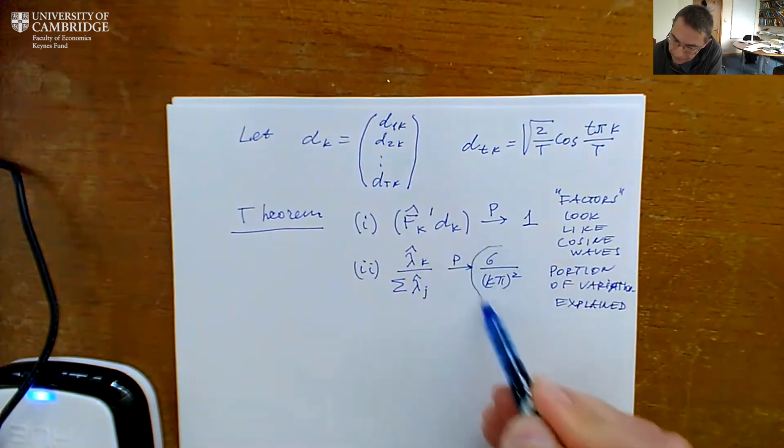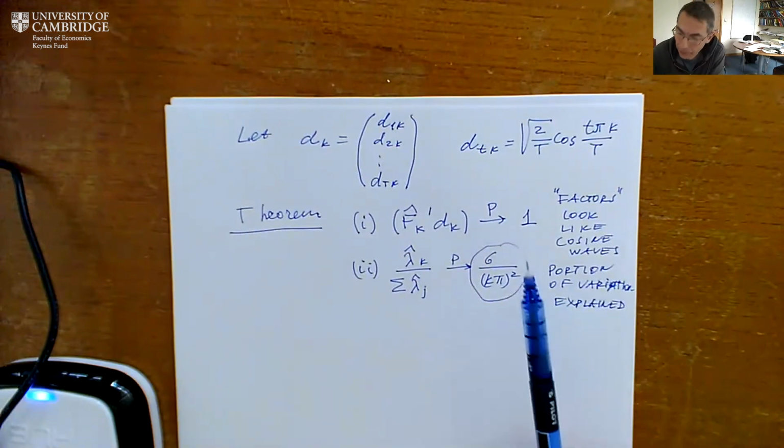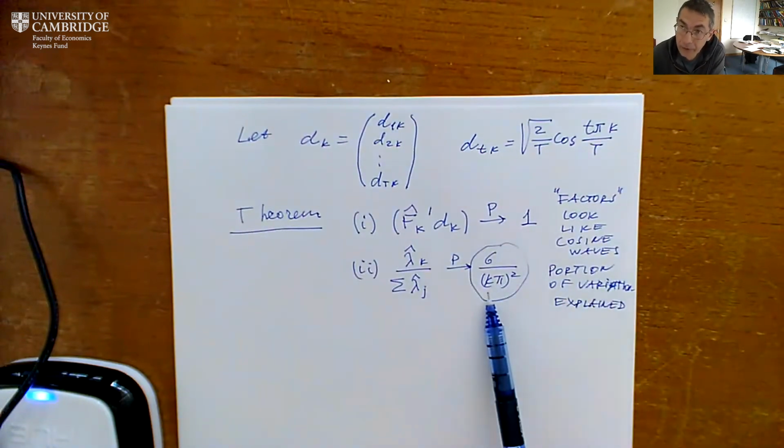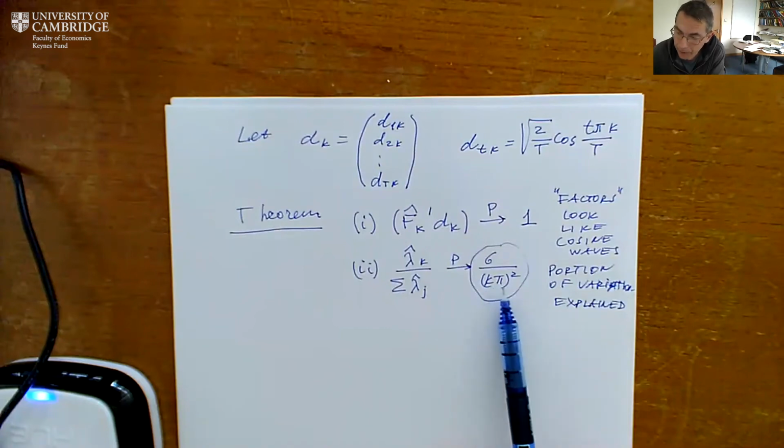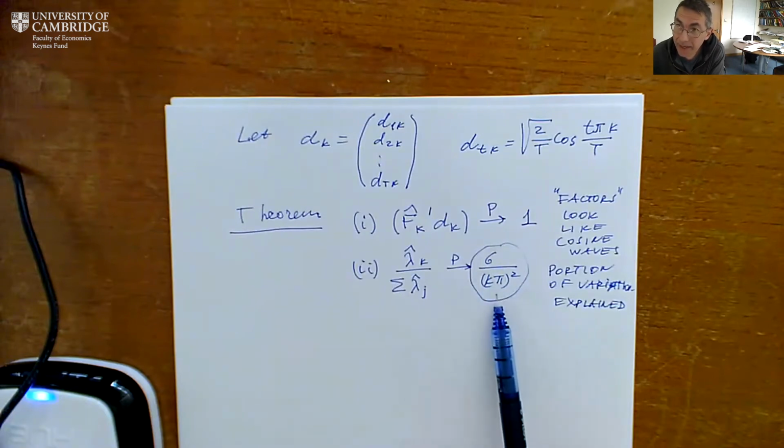So look at this number here. Suppose that we are talking about the first factor, quote unquote. Then k is equal to 1. And pi is just pi, 3.14, something like this. Squared, you will get around 10 in the denominator. So 6 divided by 10 will be 0.6. What does this tell me?